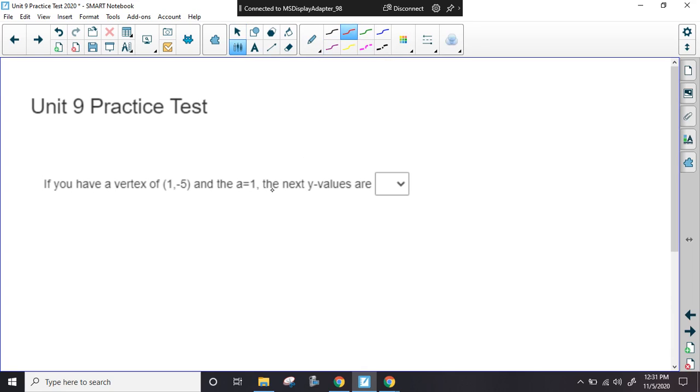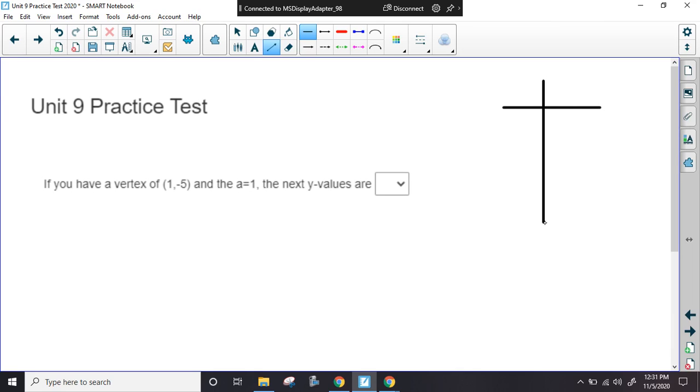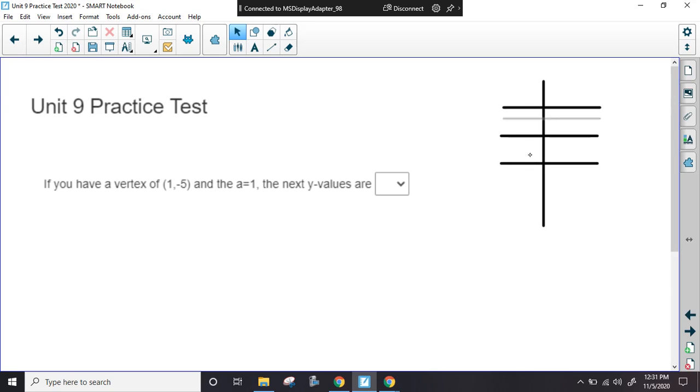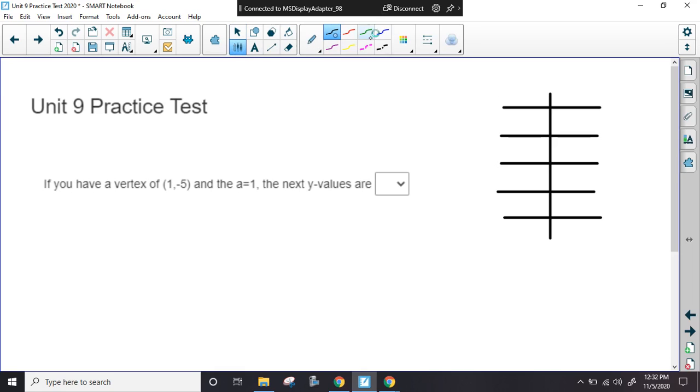Now, if you have the vertex of this and A equals 1, that meant, and this is where people that did not like the 1A, 3A thing probably had a hard time doing this one. Like if we had this chart right here, and this was our X, this was our Y, and our vertex was right here at 1 and negative 5.